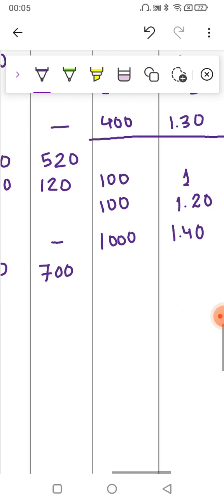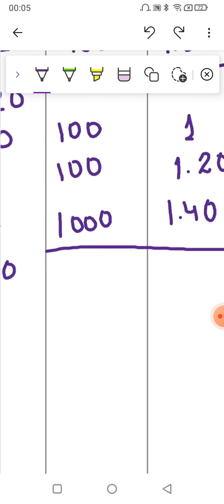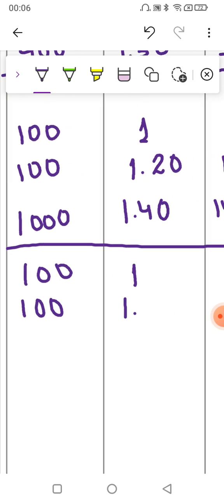After this is done, now the latest stock doesn't remain 1000 anymore. It is 500 right now. And this 100 and this 100 units remain intact. So let's record it. 100 for 1 rupees remain as it is. 100 for 1.20 remains as it is.